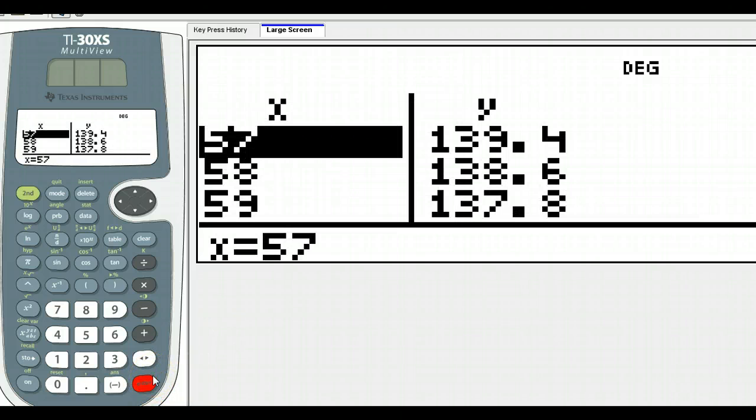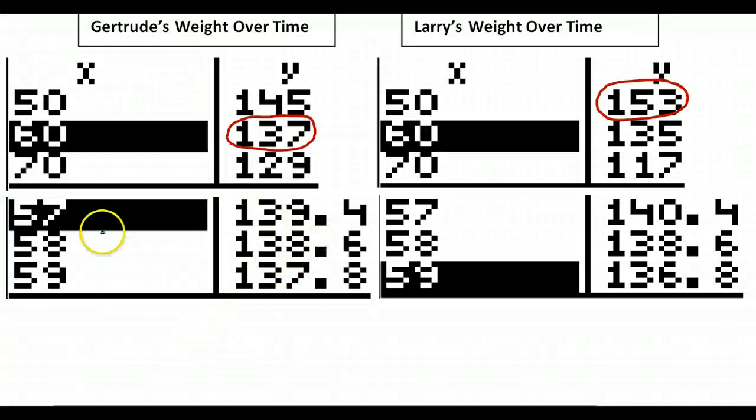Alright, so here are the same three numbers for Gertrude. Let me cut and paste this. Alright, and here I have that same snapshot of Gertrude's weight over time. 57 weeks, 58 weeks, 59 weeks.